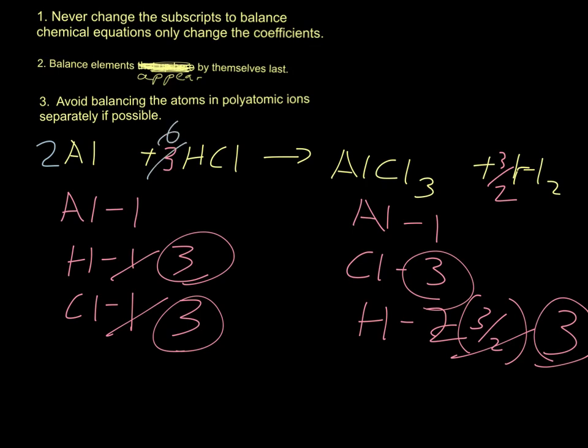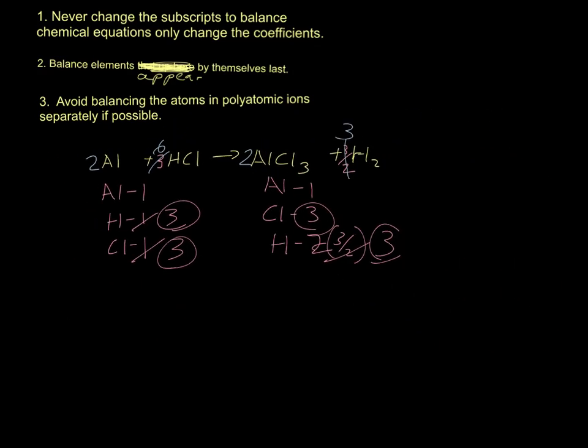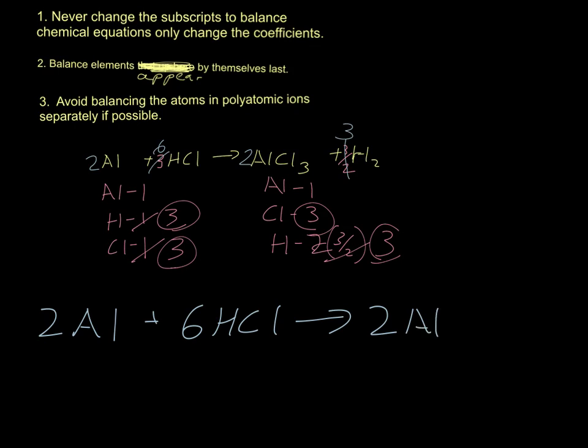So that becomes a 2, that becomes a 6, 2, and 3/2 times 2 is 3. So there's our balanced equation. Ta-da! Or if I wanted to, let me just rewrite it for you home gamers. All right, there you go.